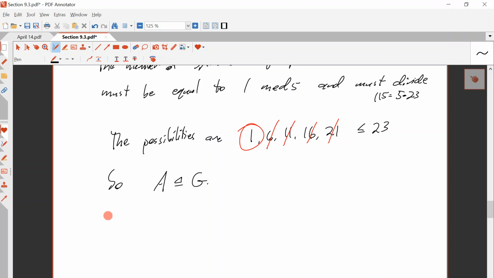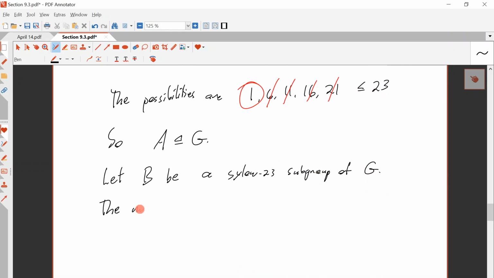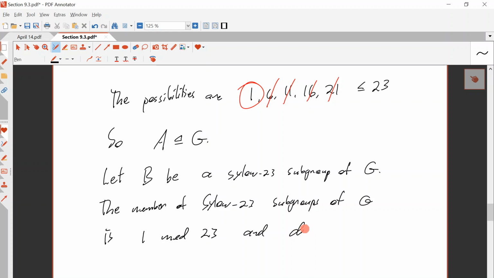Right? Let B be a Sylow 23-subgroup of G. The number of Sylow 23-subgroups of G is 1 mod 23 and divides 115, which is equal to 5 times 23.